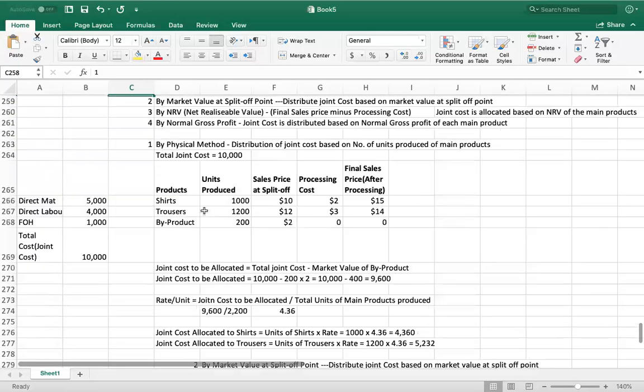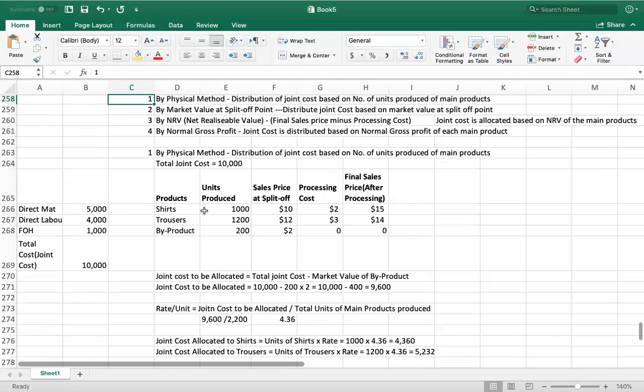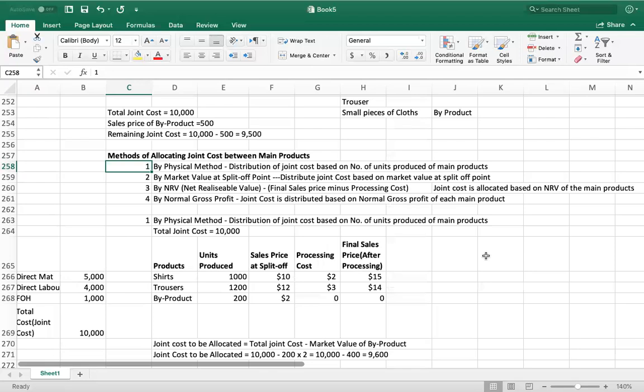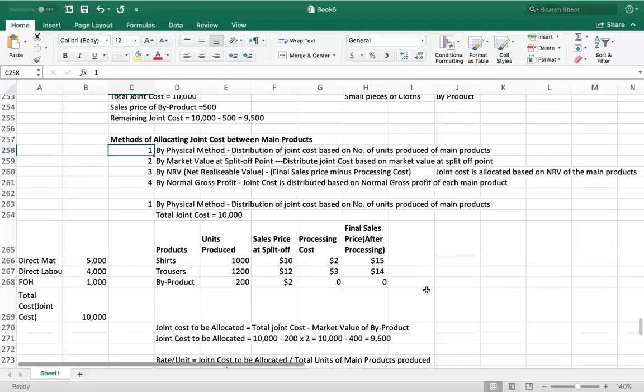Why do we call this kind of cost by this name? What is the relation between the definition and the name? Joint cost, or total cost, is also known as joint cost.